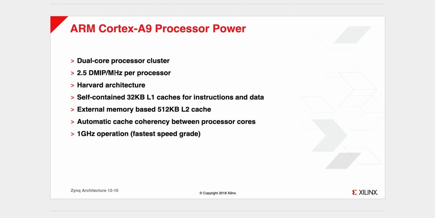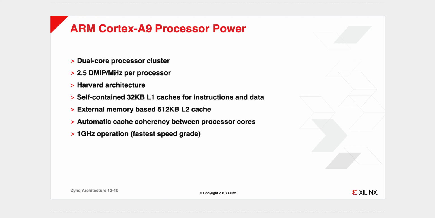And you said that the dual core processor cluster means that we have two core processors to increase performance and efficiency in multitasking and executing complex implementations. And we talked about 2.5 DMIPs or Dhrystone millions instructions per second per megahertz for each processor, which means that this is super fast computation.